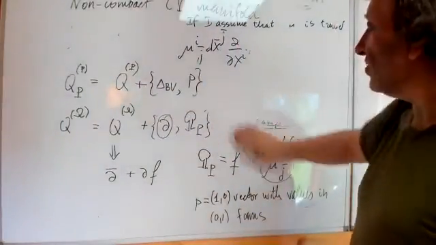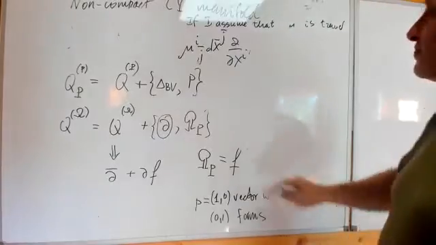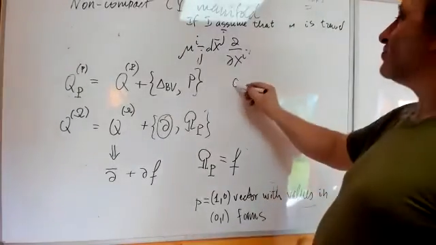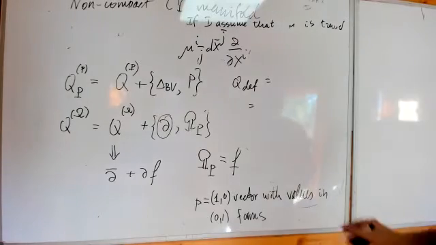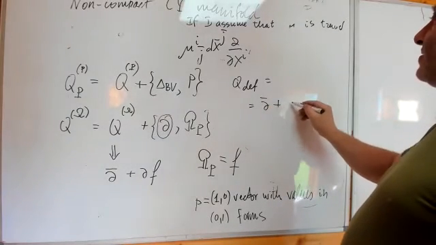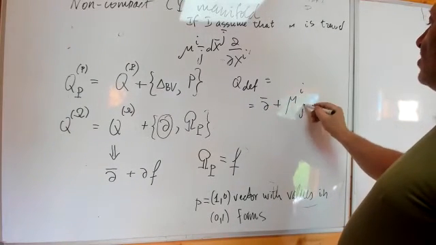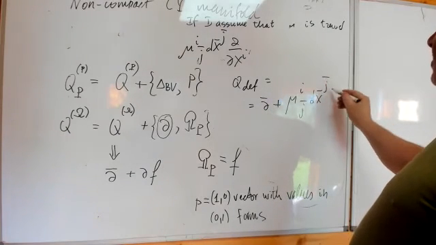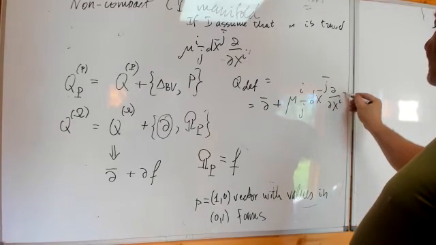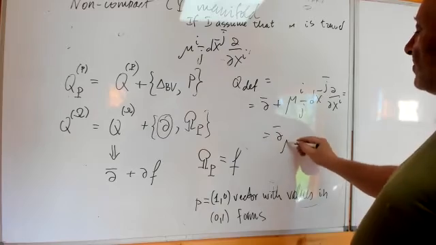And Q deformed would be d bar plus mu^i_j bar dx^j bar d over dx^i. So this would be d bar mu.